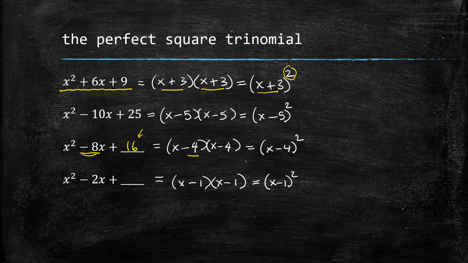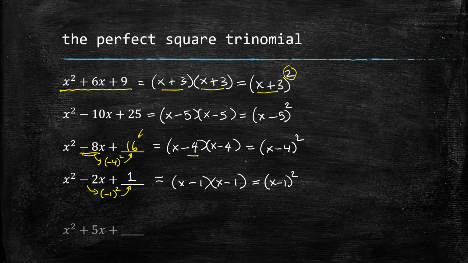And then if I was to FOIL out and multiply these last terms together, I'd get positive 1. So once again, it appears that if I take half of negative 2, which is negative 1, and square it, I'll get the magic number. Did that work here? Half of negative 8 is negative 4, square it, and I got 16.